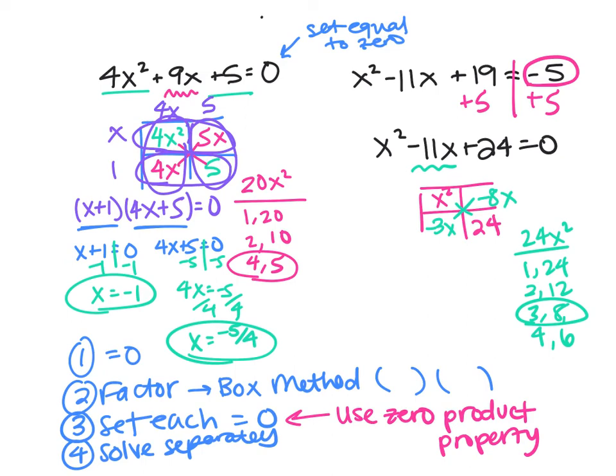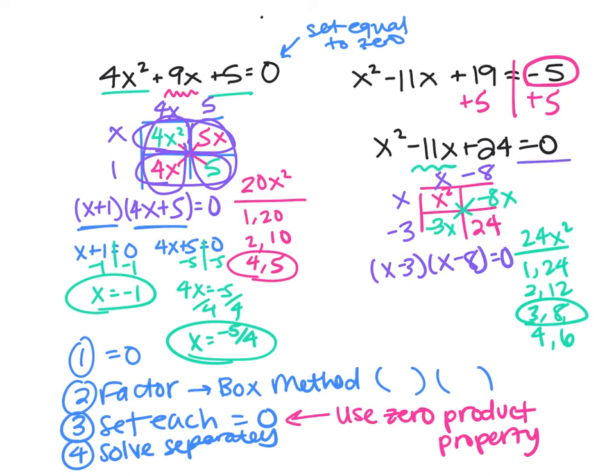Now we just pull out our greatest common factor of each. Negative 3 here. X squared and x, we have an x in common. And 8 and 24, negative 8 in common. So this one factors to be x minus 3 times x minus 8. Again, now that we have that equals 0, that's the whole point.